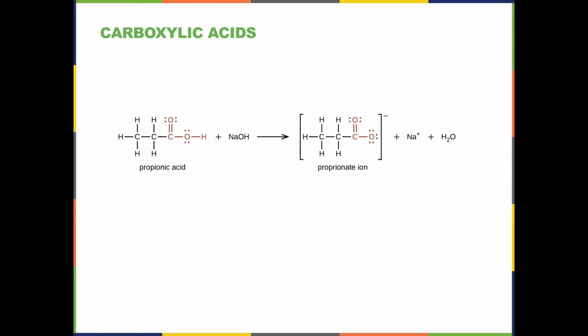So here's an example of a reaction of an acid and a base, and it forms the propionate ion, plus sodium and water. Okay, so you have sodium propionate here.